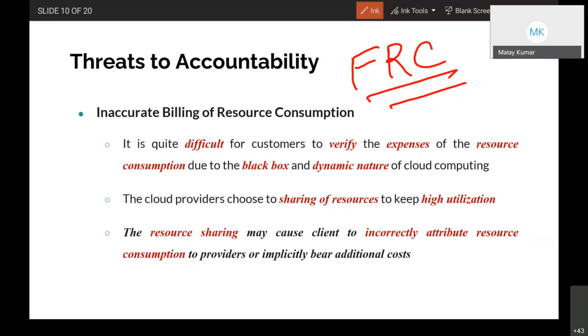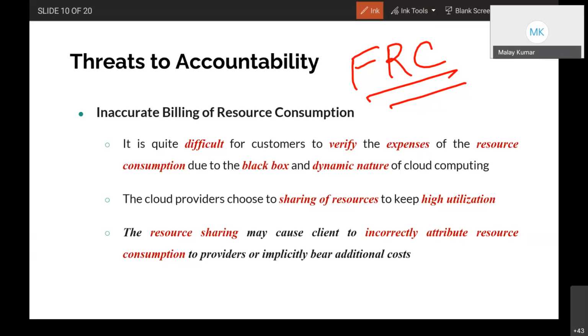So the point is, it is quite difficult for a customer to verify the expense of resource consumption. From a customer's end, when you have registered in AWS and launched a virtual machine, as we did in the last session, it is clearly written that the virtual machine is free.